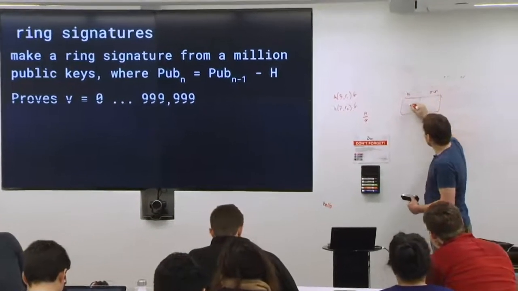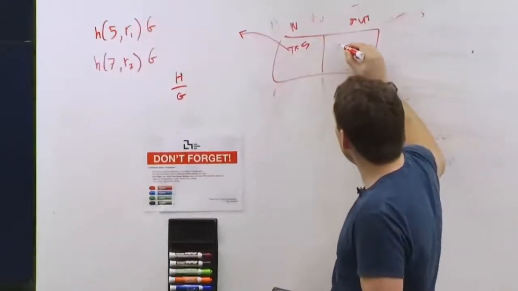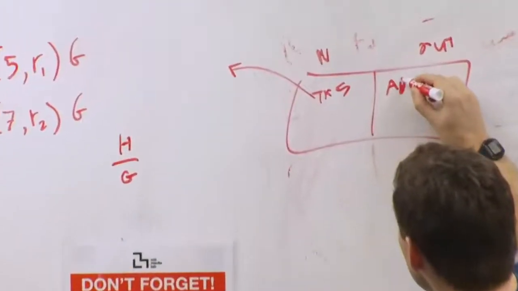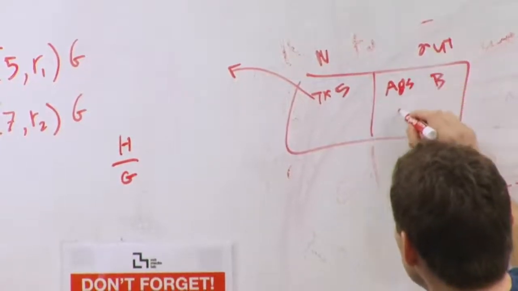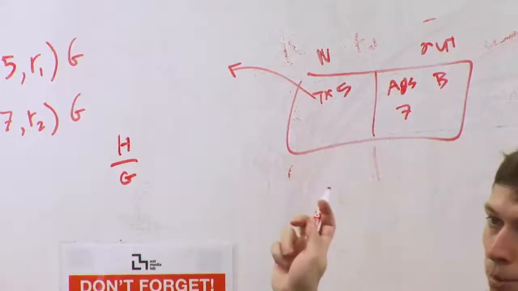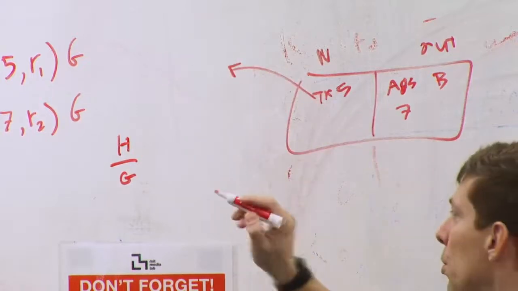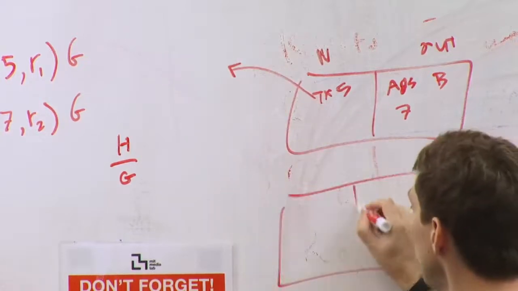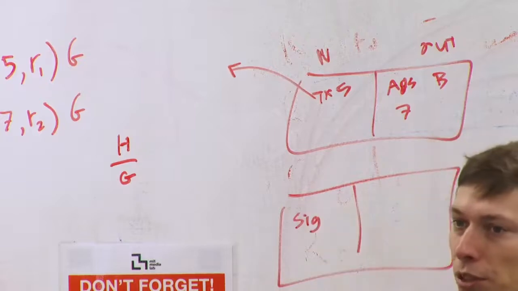In the simplest case, it's just like, this points to TX5 or something, and then my output is address B, and it's got 7 coins. Everyone can see what you're spending. The idea in Monero is, I don't point to an input. I just provide a signature. And it's up to you to figure out where that signature is.